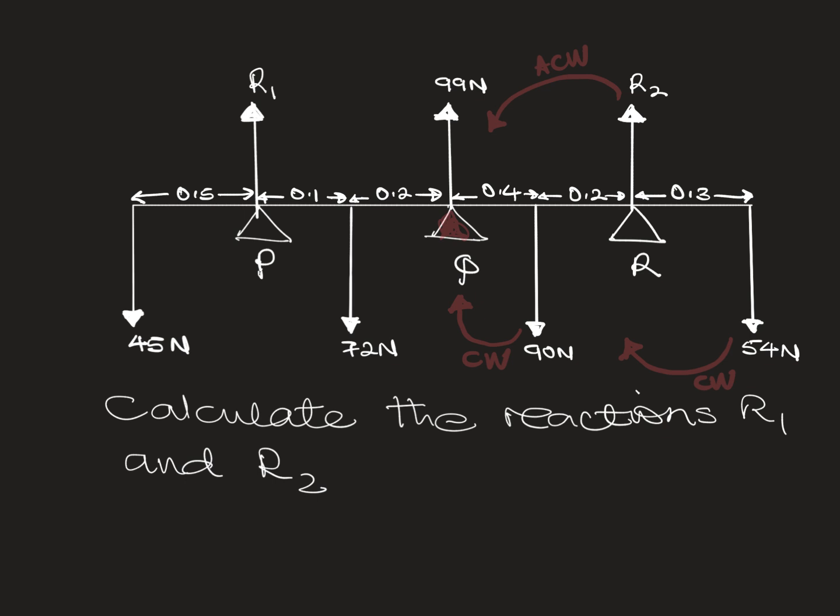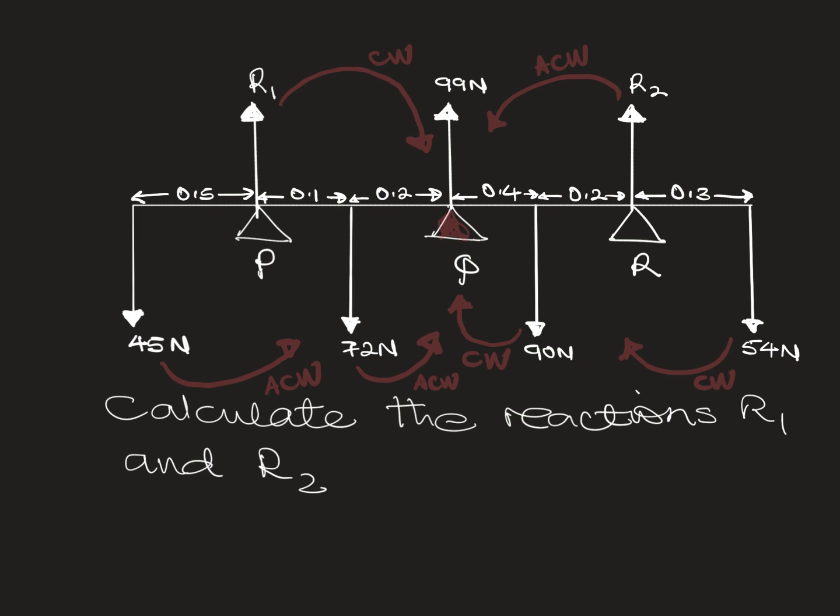The 72 Newton will be anti-clockwise, the 45 Newton will be anti-clockwise, and R1 will be clockwise. So the first thing is you should be able to identify clockwise and anti-clockwise moments.